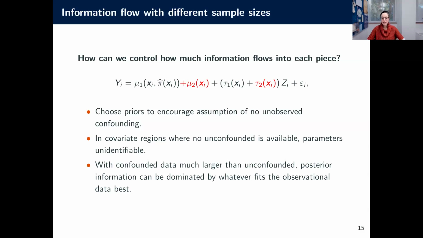If the experimental data only have 1 observation versus 9, then maybe the model doesn't know that we're trying to say, look, really trust that experimental data. Don't get carried away by the observational, because that's not so reliable.